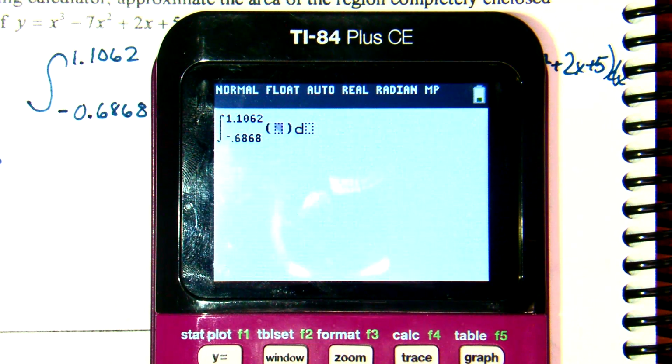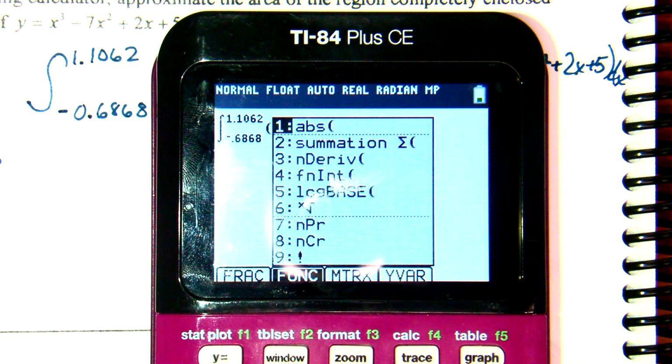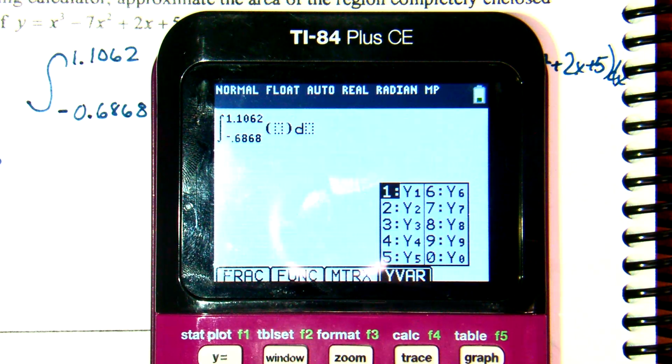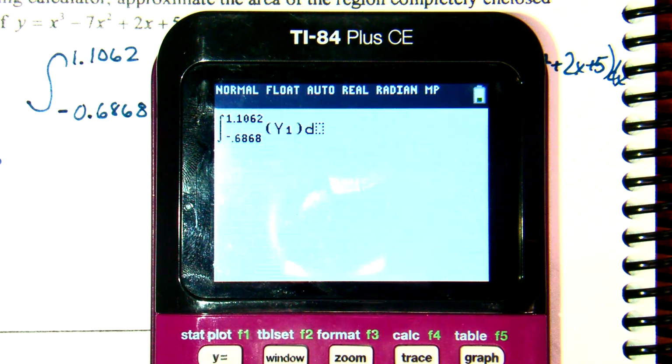It's still going to be dx. Then type in the second integral, minus another math 9. This time it's from 1.1062 to 6.5806. Alpha f4 brings up y1 dx, and it gave you an answer. It's probably okay.